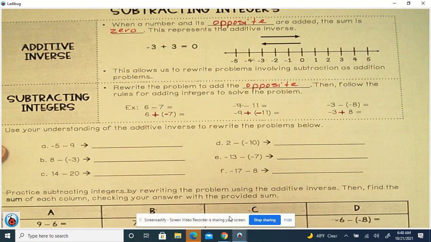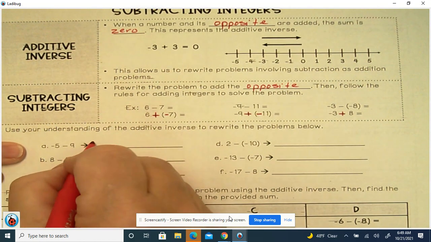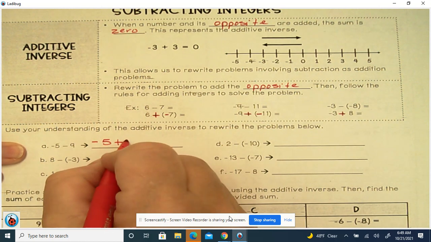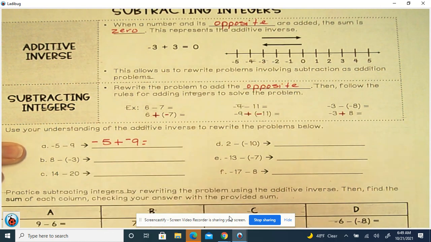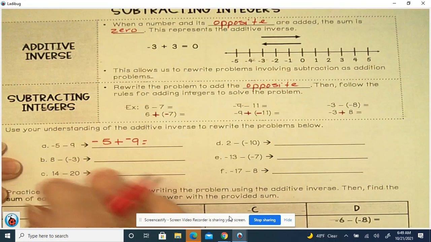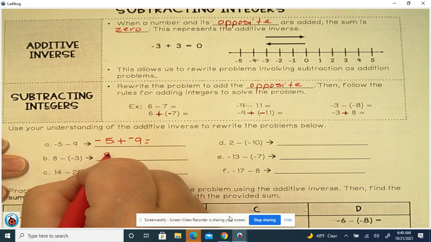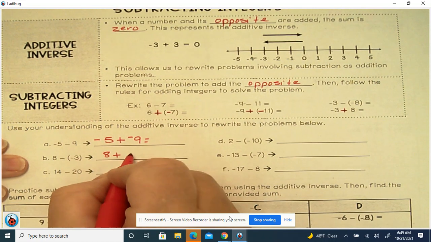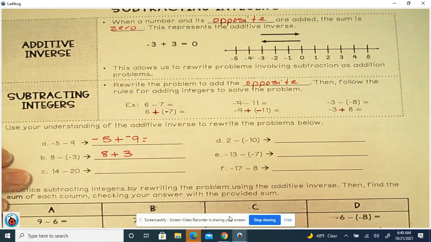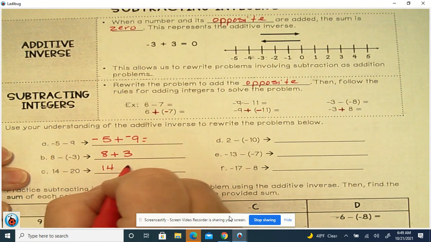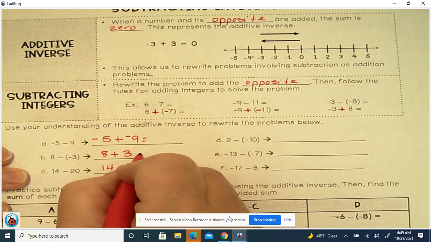So if we look at some of them that we have here and we rewrite it, we've got -5, we keep the first one, change the minus to a plus, change the sign of next. And then we can get the answer there. In B, keep the 8, change the minus to a plus, change the sign of next. Keep the 14, change the minus to a plus, change the sign of next.